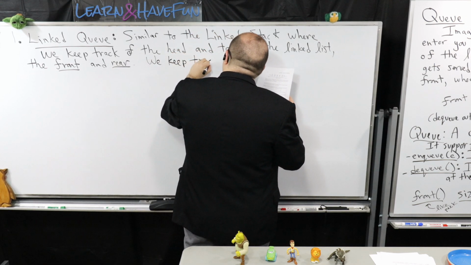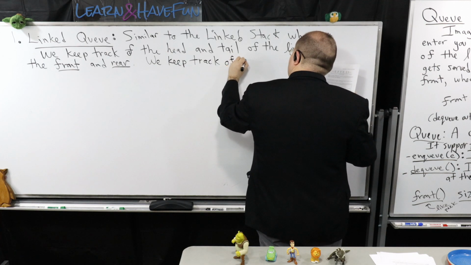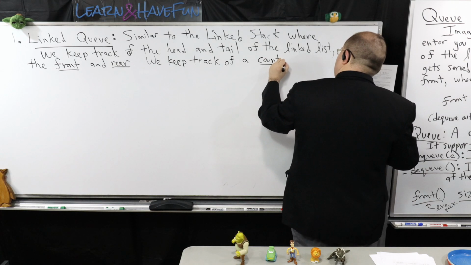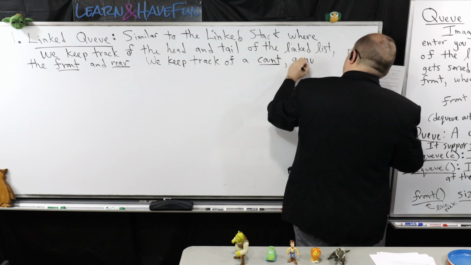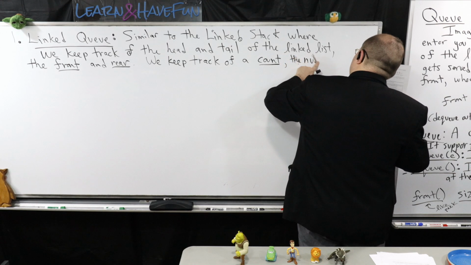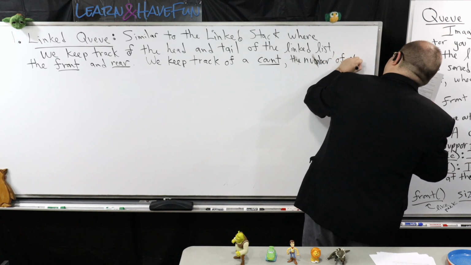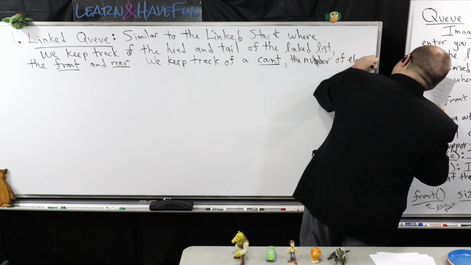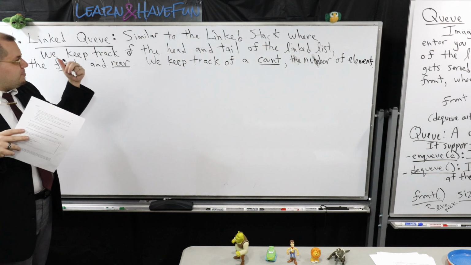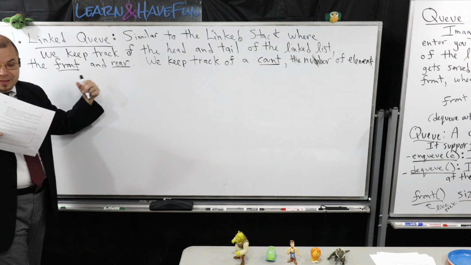We keep track of a count, the number of elements. So we're going to have front, rear, and count. Front's going to keep track of the head of the linked list. Rear's going to keep track of the tail of the linked list.